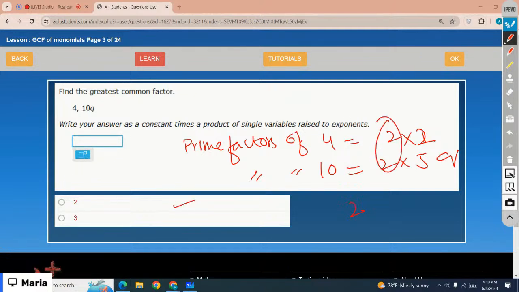So the greatest common factor is 2. That is 2, right?